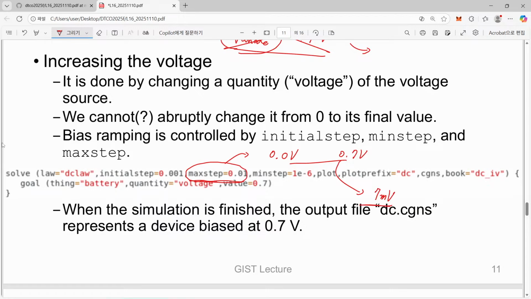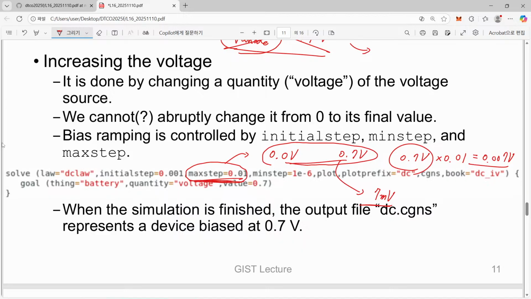Okay, so the entire range is 0.7 volt, and the maximum step is just multiplying 0.01, this max step value. So we will have 0.007 volt as a maximum allowed change of our electromotive force. So that is the one we do this kind of calculation.